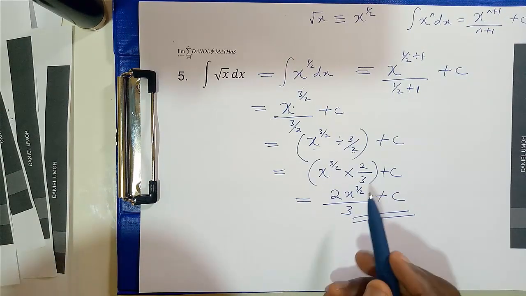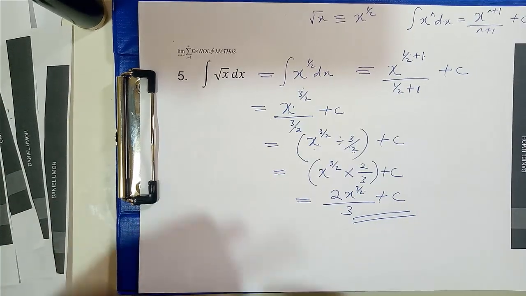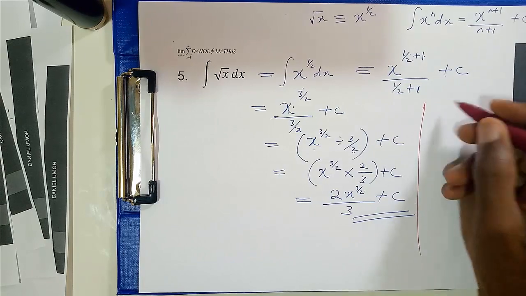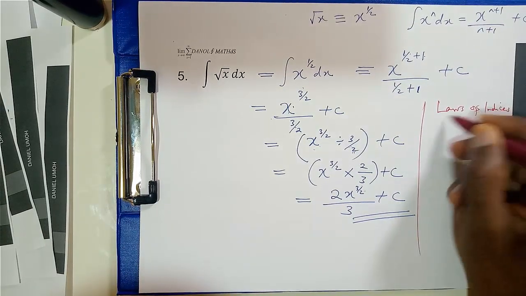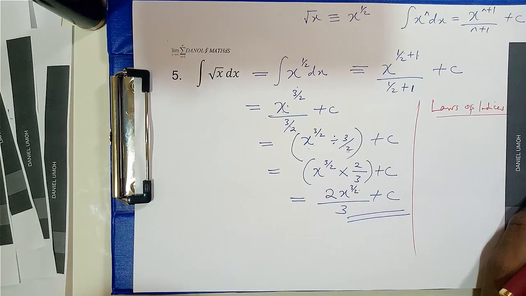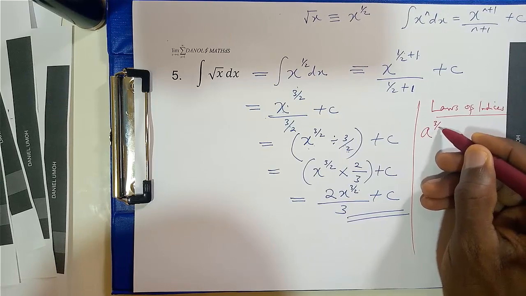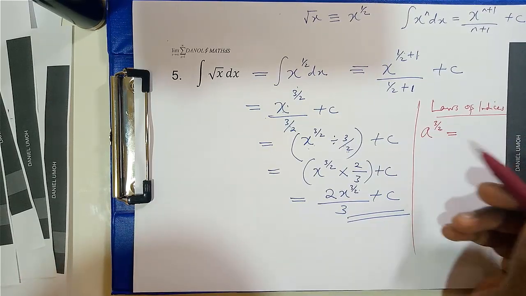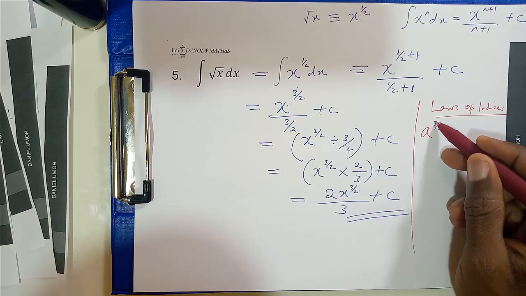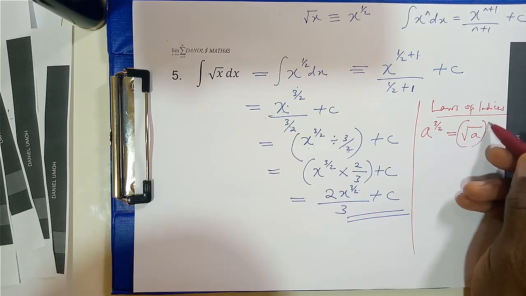But if you want to still apply laws of indices to simplify this further, remember your laws of indices. When you have, let's say, a raised to the power of 3 over 2, the 2 here represents the root, and the numerator represents the power. So this is actually the square root of a raised to the power of 3.